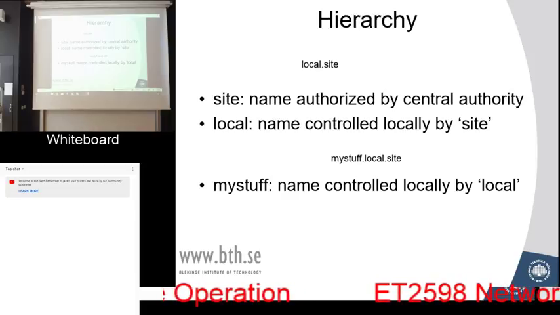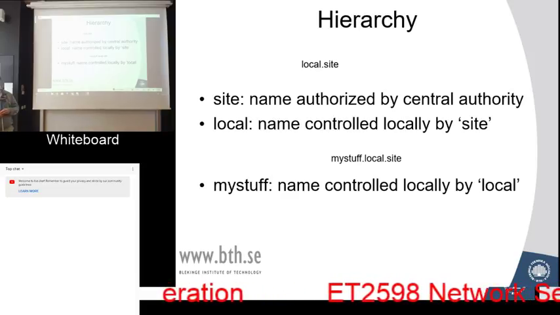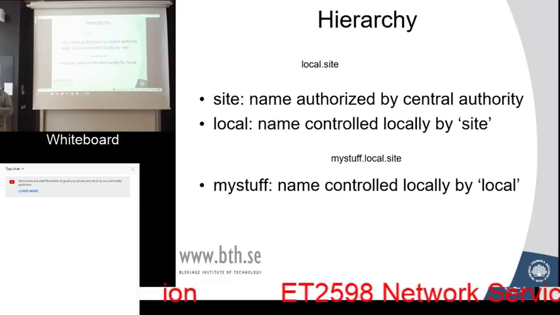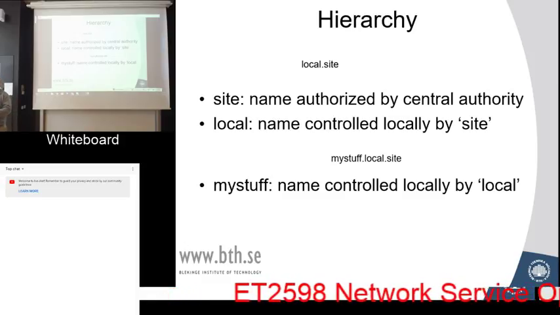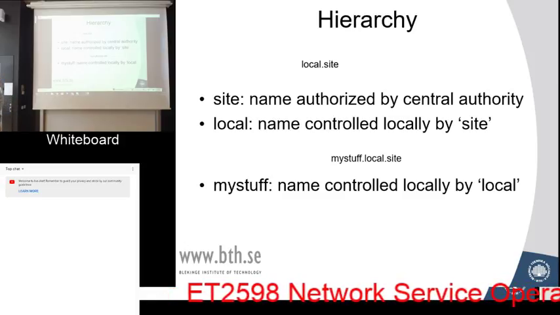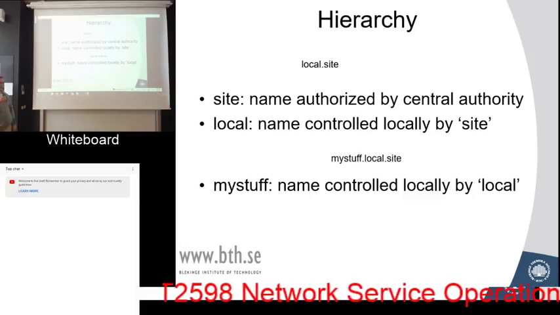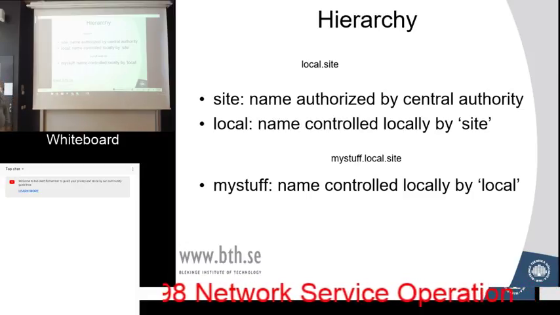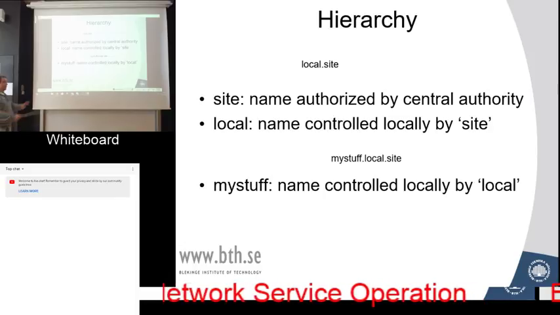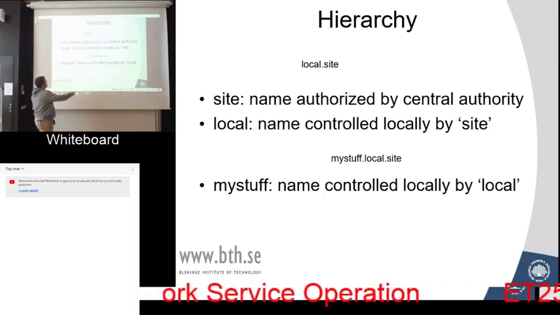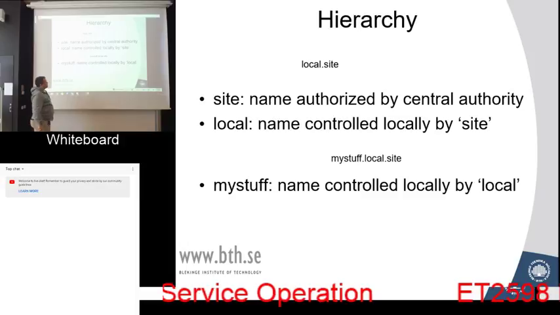The names are hierarchical. There are two parts, a local part and a site part. The site part is the one where you would have multiple dots. The last part, in this case, would be the name.